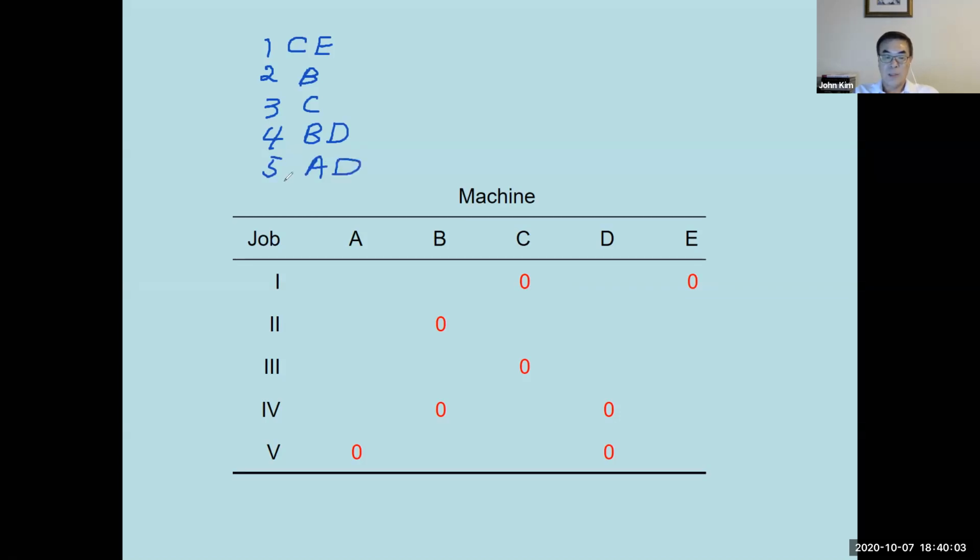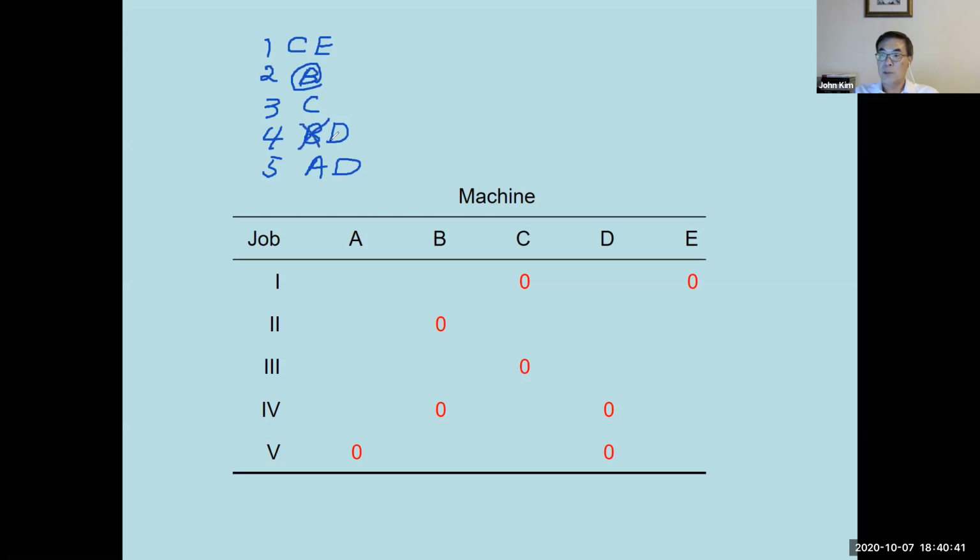So when we assign one-to-one, job 1 can be assigned to C and E, multiple. This one only 1, this one only 1. So assign only one available job or machine first. Assign this one to D, and this one is not available.